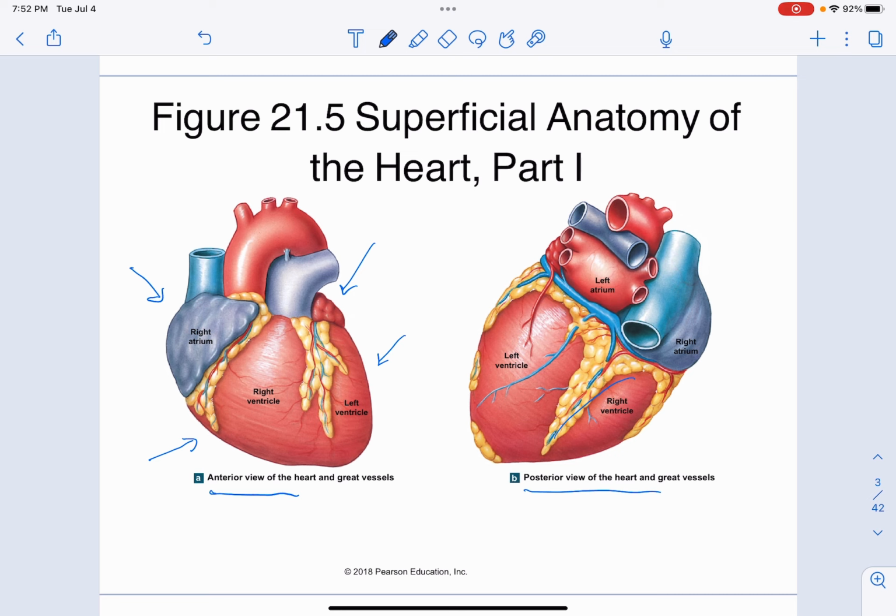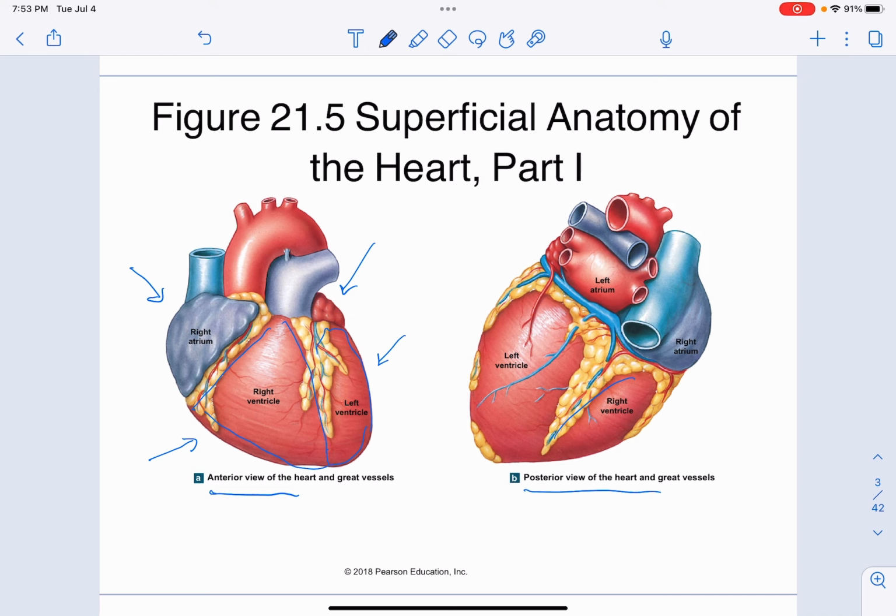The heart is tilted a little bit and also rotated. I'll show you that more in the next slide. So because it is rotated a little bit, when you're looking at the anterior surface of the heart, you can see most of the right ventricle and only a little bit of the left ventricle, okay?